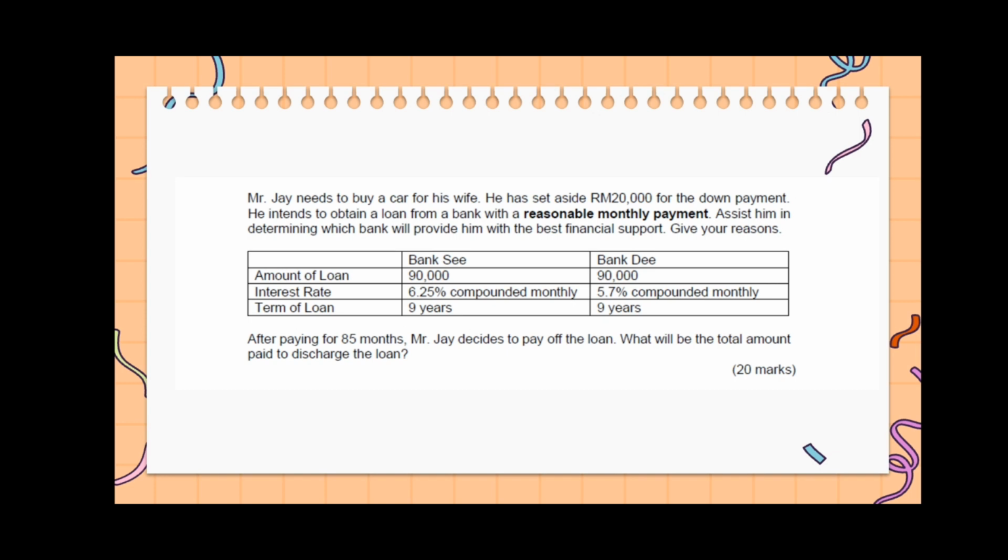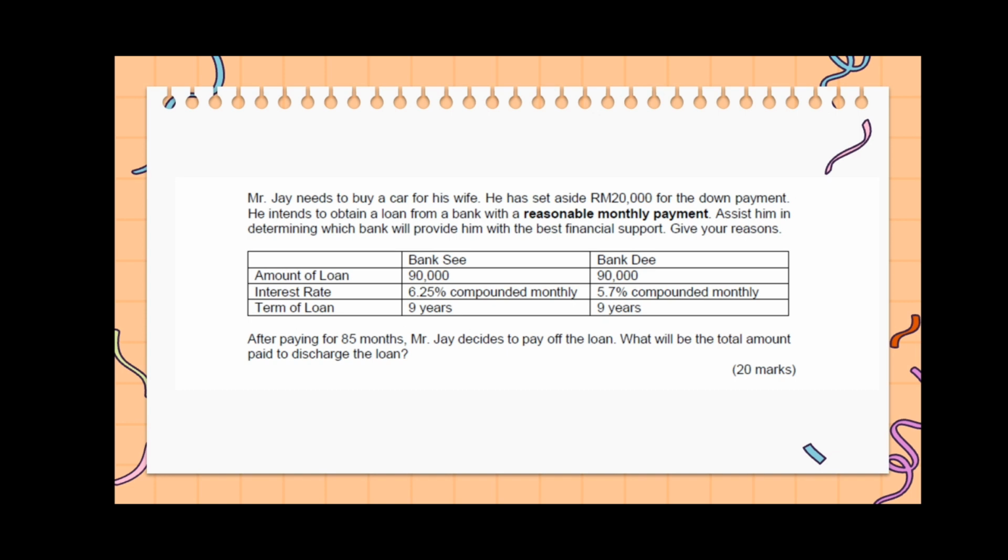There are two banks, the first is Bank C and the second is Bank D. The amount of loan for Bank C is 90,000 ringgit and for Bank D is 90,000 ringgit. The interest rate of Bank C is 6.25% compounded monthly, and Bank D is 5.7% compounded monthly.